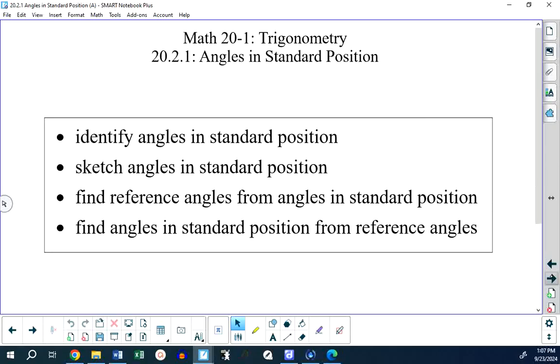So we're going to get started today by looking at a very basic introduction to what we call coordinate trigonometry, which is all of that trig that is going to resurrect itself in Math 30-1. And I would say everything about this lesson is about terminology.